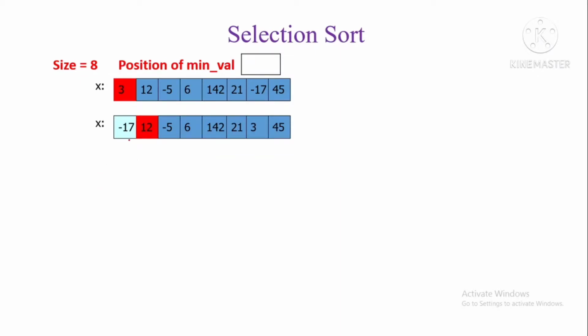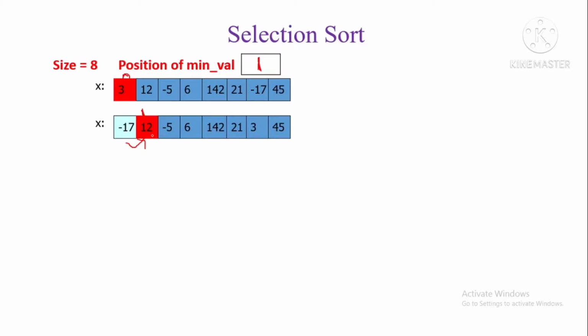Now, this particular position is in a sorted position. Now we have to increment this value. Initially the value was 0, now it is incremented to 1. So we are considering the first position to have the minimum element.